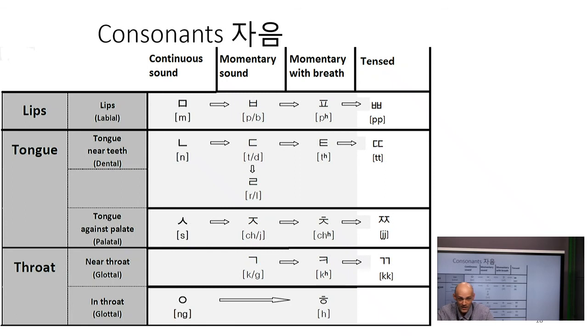There you are, you have the sounds produced with the lips, m, b, with breath, p, tensed, b, and then produced with the tongue near the teeth, na, da, momentary, with breath, t, and then tensed, d, and then moving down to the sounds made with the tongue against the palate of the mouth, ch, j, and then glottal sounds made in the throat.